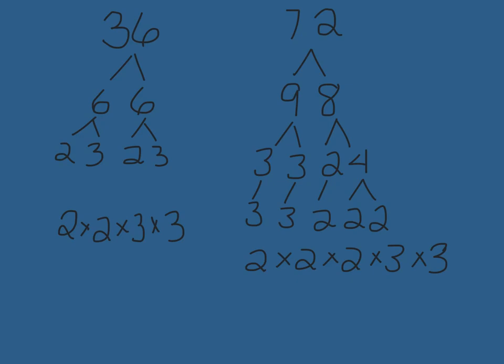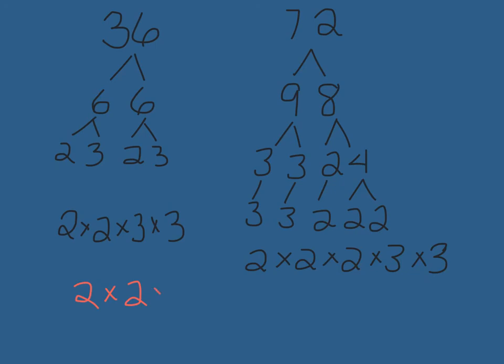So now I take a look and compare. Over here, I have 2 2's. I also have at least 2 2's here, so I can use those. So I'm going to write those down. I have 2 times 2. Then I take a look at my 3's. I've got 2 3's here. I also have 2 3's here, so I can use both of those.